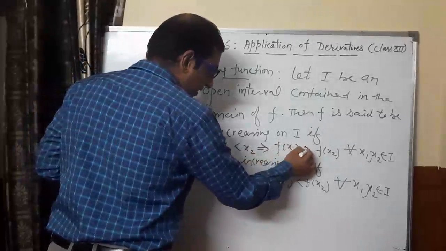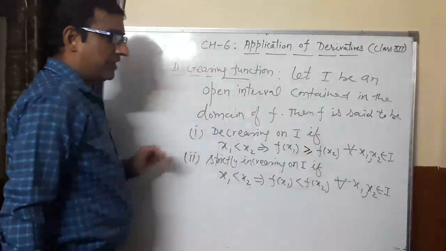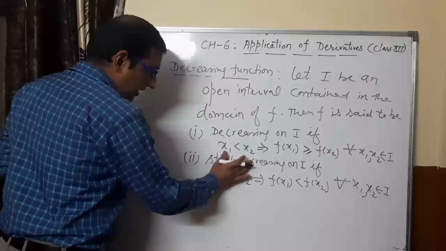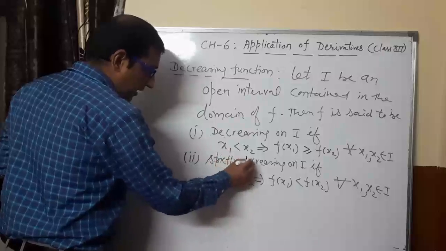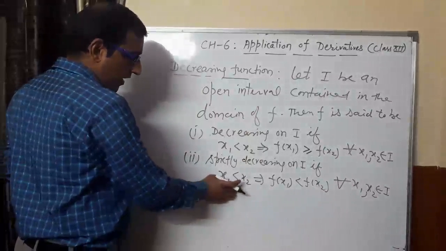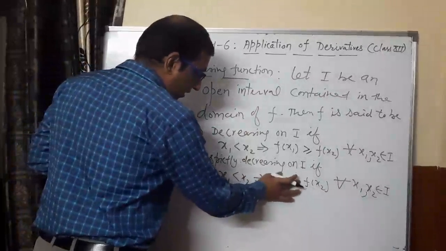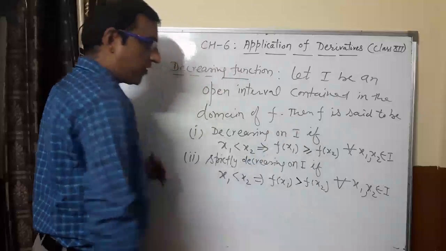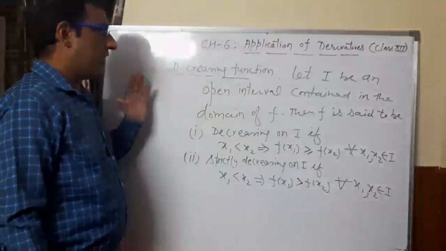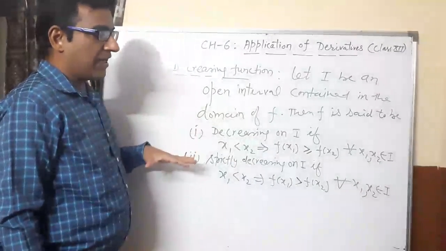And strictly decreasing on I if x1 less than x2 and f(x1) is greater than f(x2). So these are the definitions of increasing function and decreasing function.